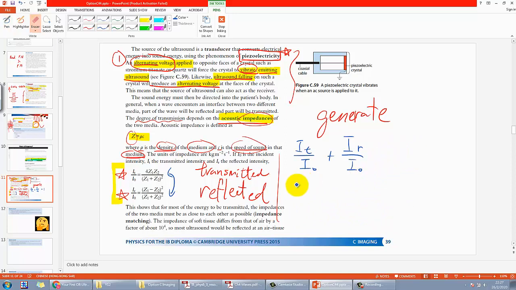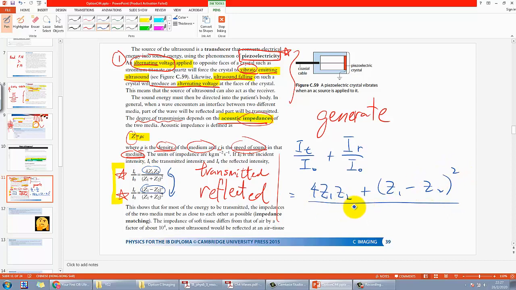So let's simply check whether it makes sense in terms of the mathematics itself. We are not trying to derive the equation, but to double check or verify that when they add up, they equal 1. If you look at the fraction on the top, you find 4Z1Z2 plus (Z1 minus Z2) squared.